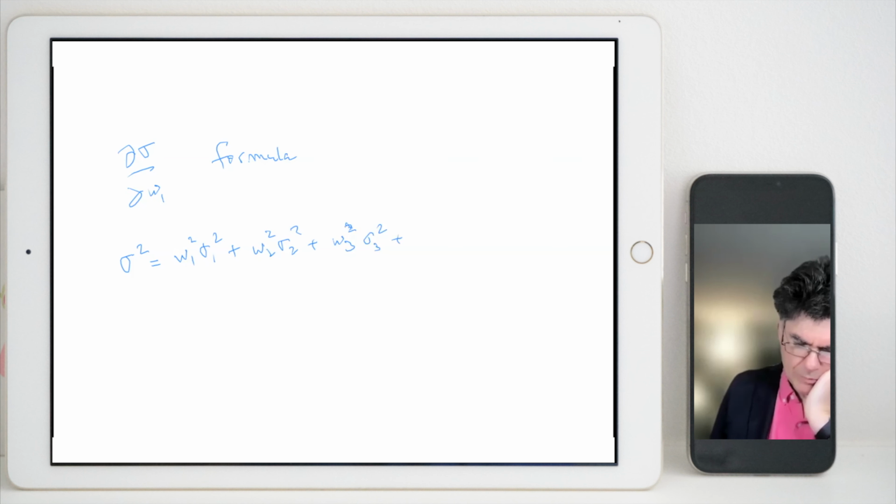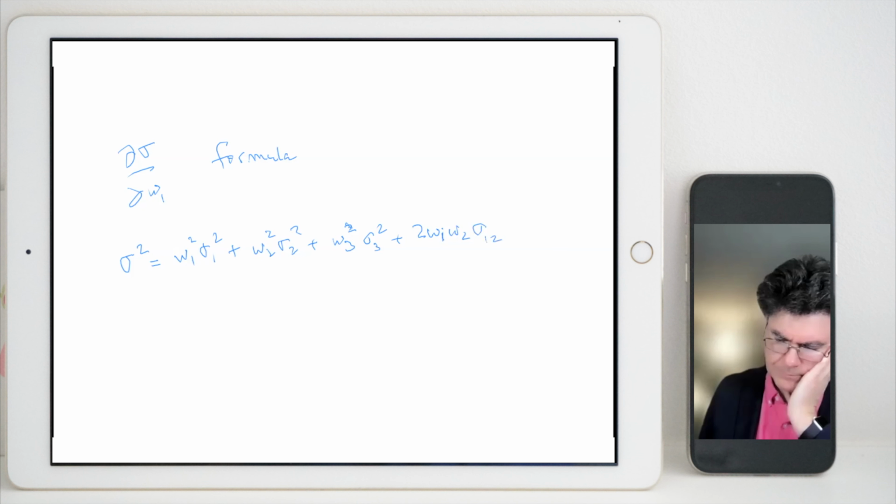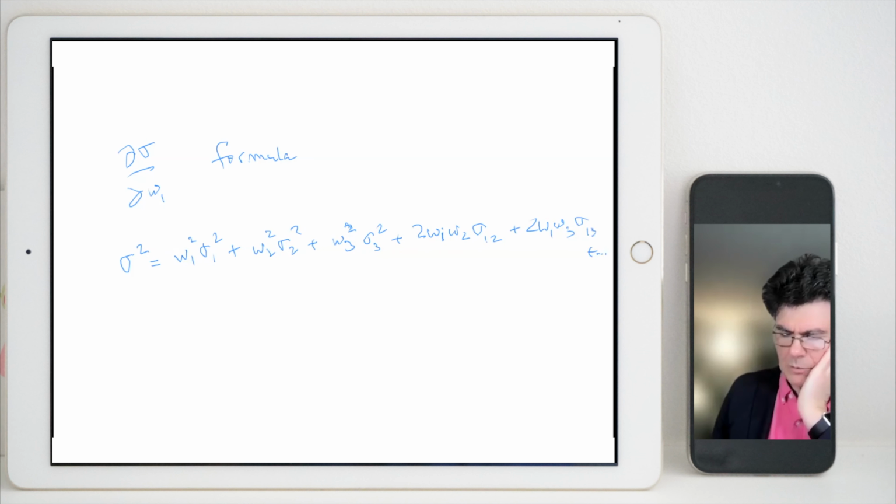And now we have the cross terms, which is 2 W1 W2 sigma 12 plus 2 W1 W3 sigma 13, and another term that doesn't have W1. It's W2 times W3 times something else, right? The reason I don't write it is because I don't have room, but because I'm going to take a derivative with respect to weight W1, this term will disappear.